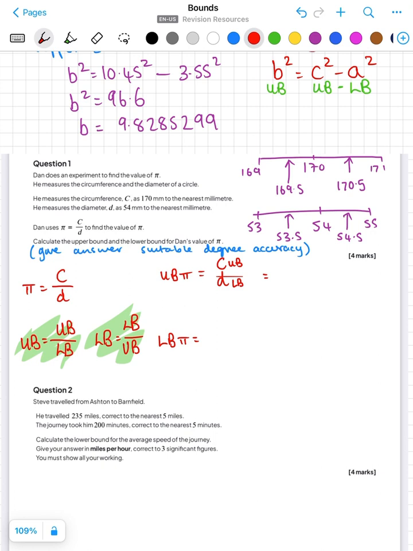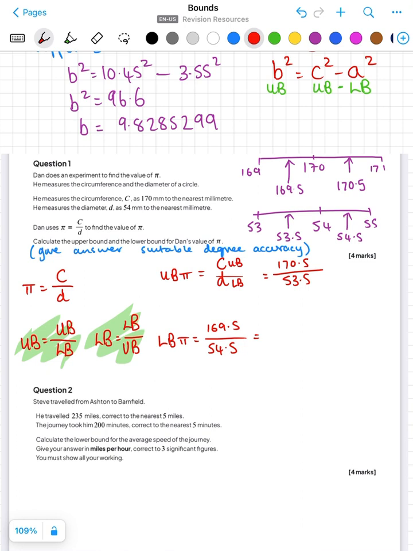So now we substitute in our values. The upper bound of the circumference was 170.5 divided by 53.5. Then we've got 169.5 as the lower bound of the circumference divided by 54.5.